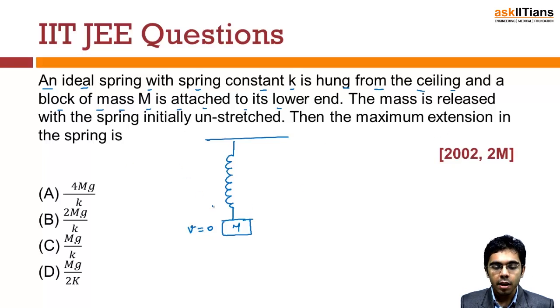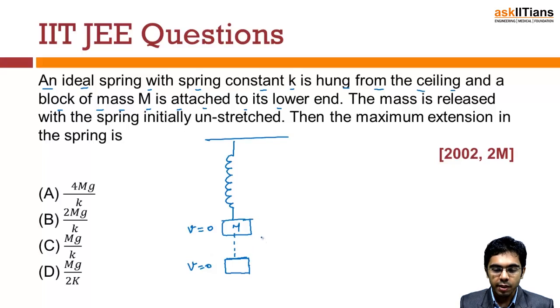Now let's say at the maximum extension it goes to this point, and this is the maximum extension. At the maximum extension also, V will be 0. Momentarily it will be at 0, and after that it will try to come back in the opposite direction.